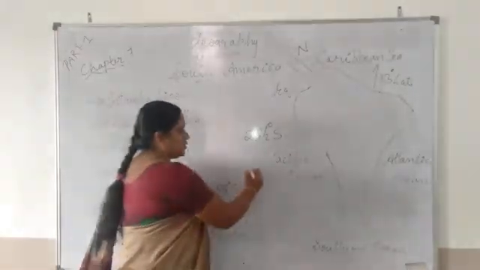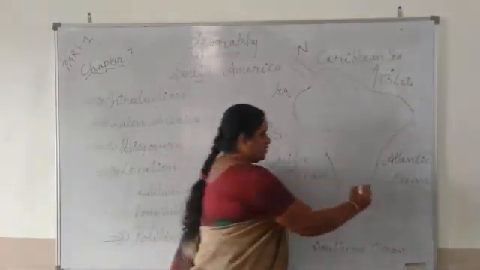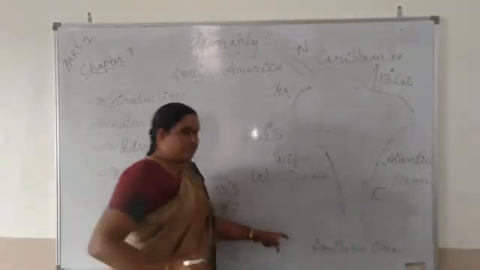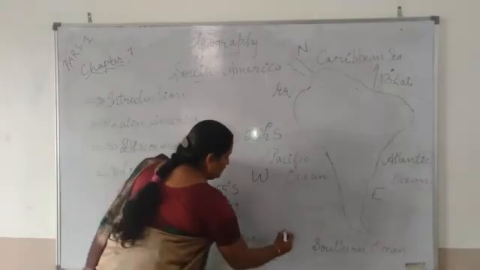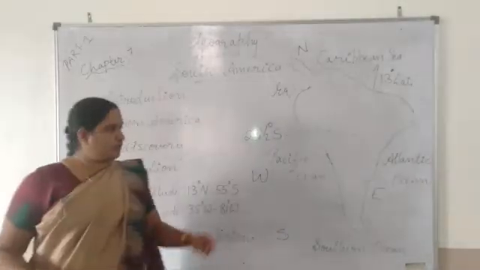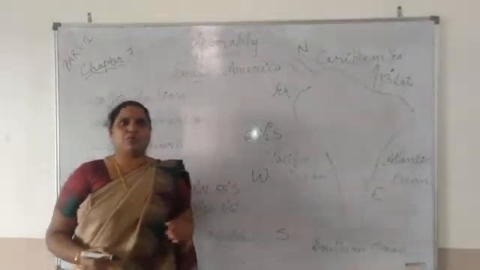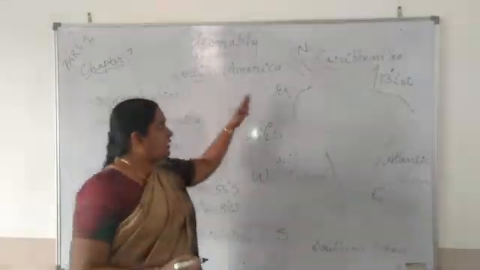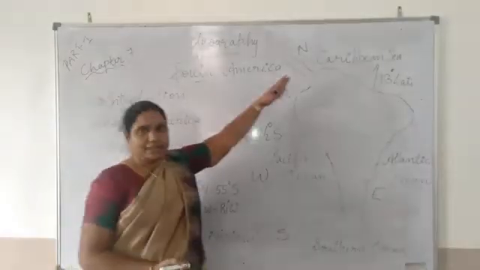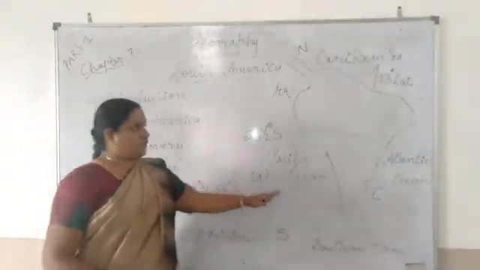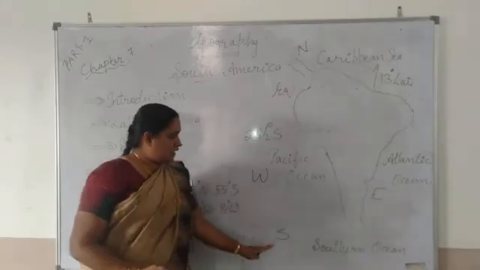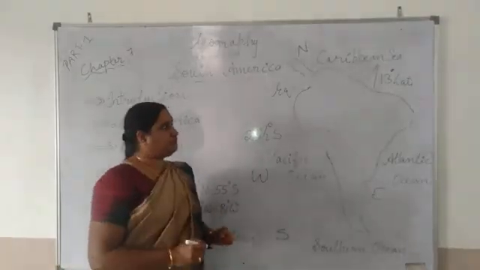Here in the west Pacific Ocean, in the east you can see Atlantic Ocean, and in the south Southern Ocean. Southern Ocean, I think you all know what is Southern Ocean. It's a combination of all the oceans, and this ocean can be seen above Antarctica. So these are the boundaries: north Caribbean Sea, west Pacific Ocean, in the east Atlantic Ocean, and in the south Southern Ocean.